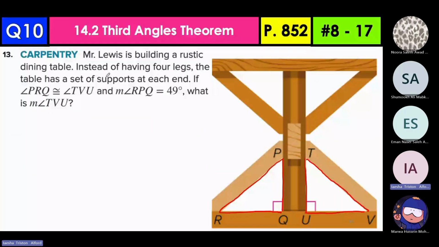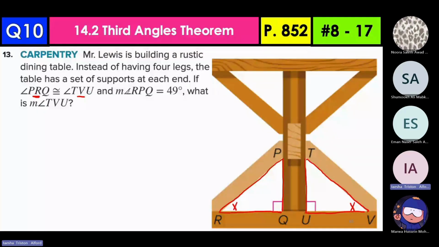It says if angle PRQ is congruent to angle TVU, start at P, go to R, stop at Q. The variable is going to go at R in the middle. We do not know R, so put X. Angle TVU, start at T, go to V, stop at U. The X belongs at the letter in the middle.